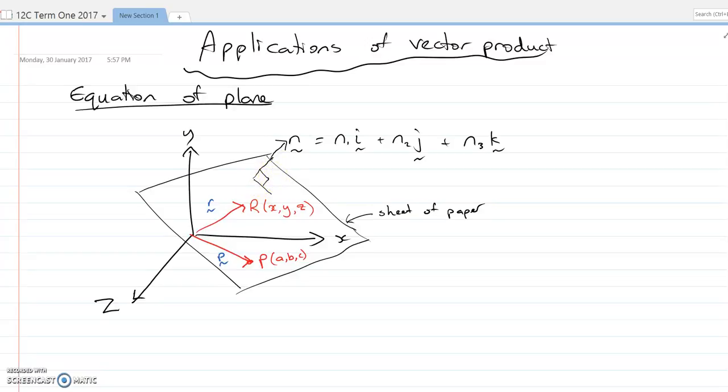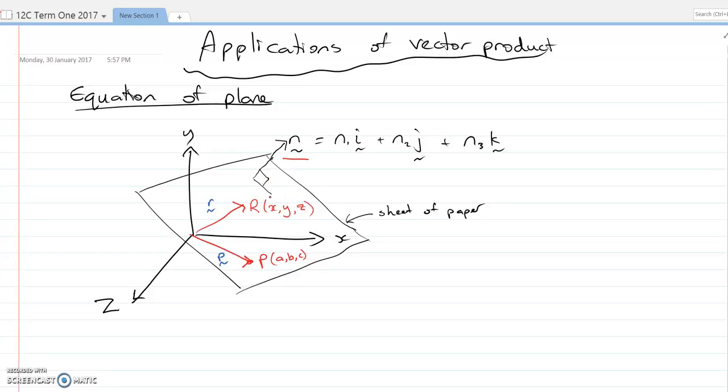Here, this n stands for normal, which means perpendicular. If you know a perpendicular vector, there's only one slope of a plane that will be perpendicular to that vector, if you think about that.